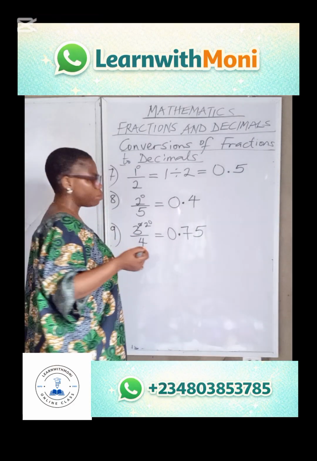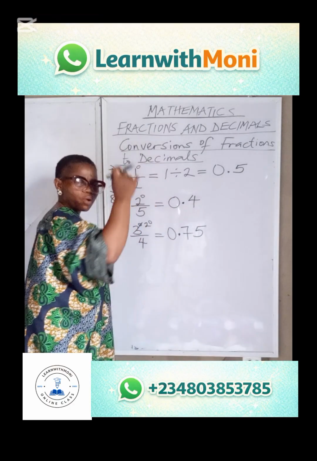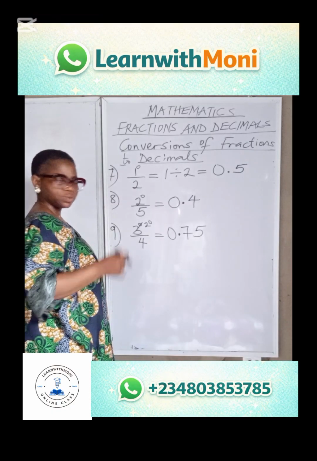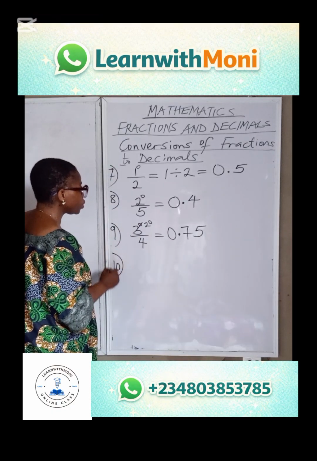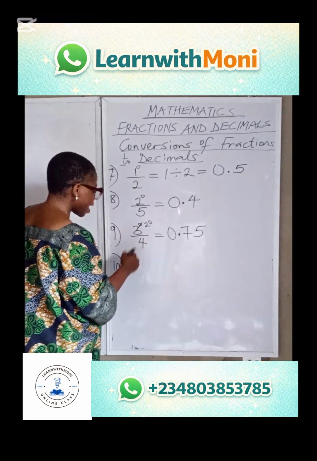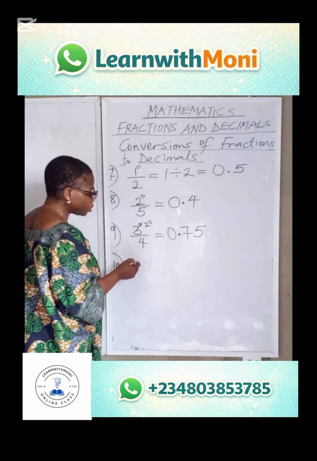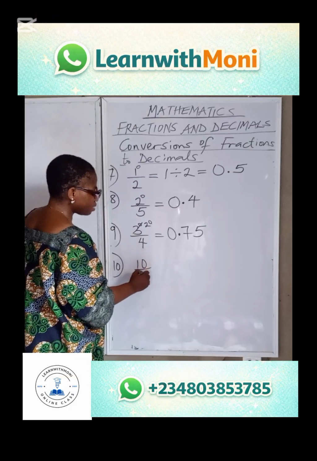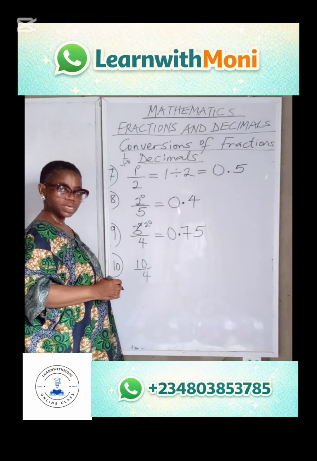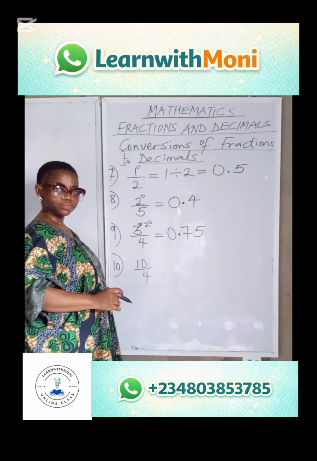But as you may be thinking in your mind, is it every time that a decimal must be 0 point something? No. It is also possible for you to have a situation like this, where I have an improper fraction. Let's say I have 10 divided by 4. This is an improper fraction.